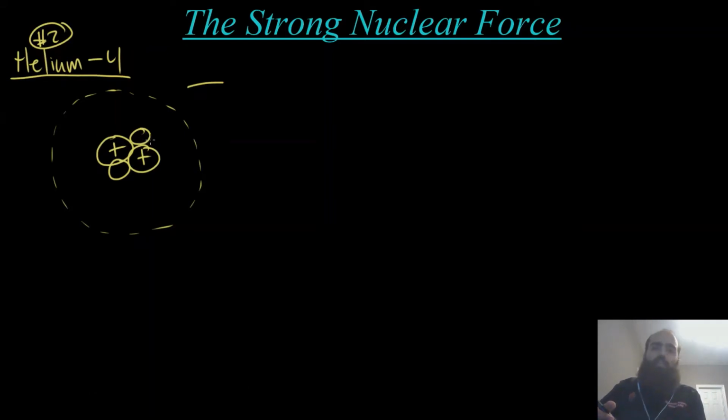So you're probably looking at this and thinking, well, wait, these are protons, and we know that protons are positively charged. If you remember from our video, the charge of a proton is about 1.6 times 10 to the negative 19 coulombs.